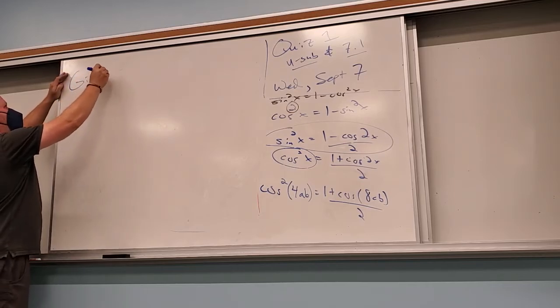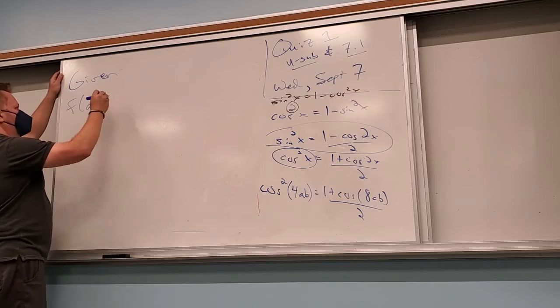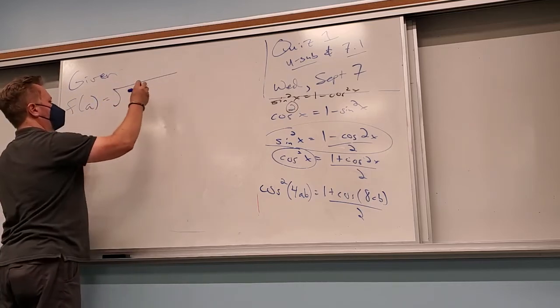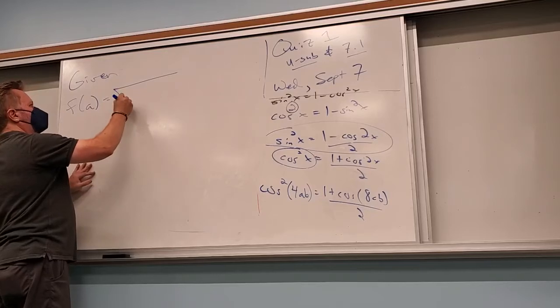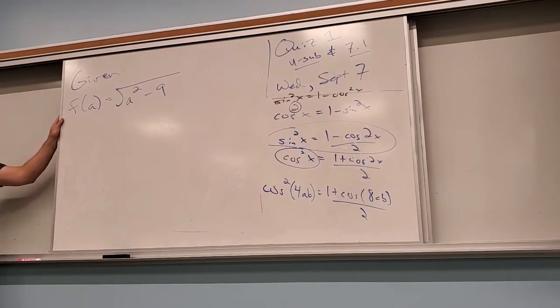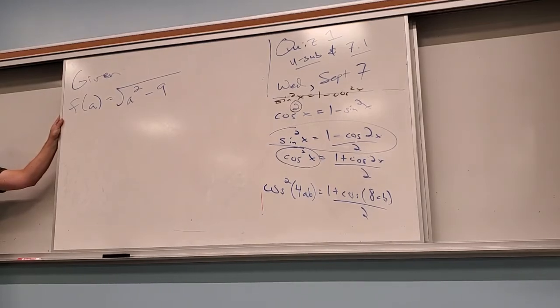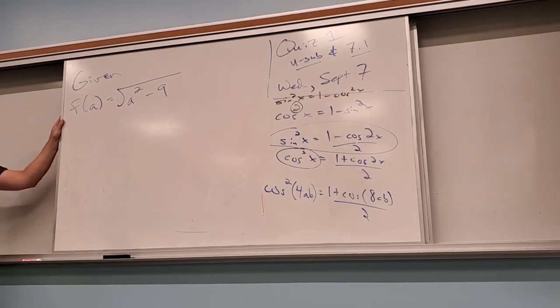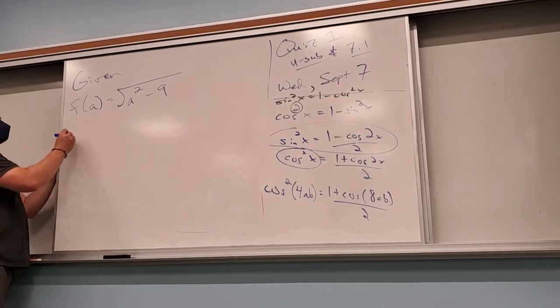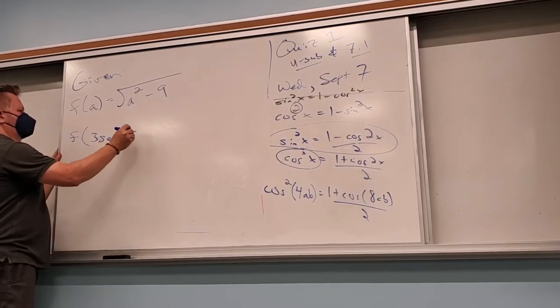Given this, f of x equals x squared minus 9. Try this: what is f of 3 secant theta?